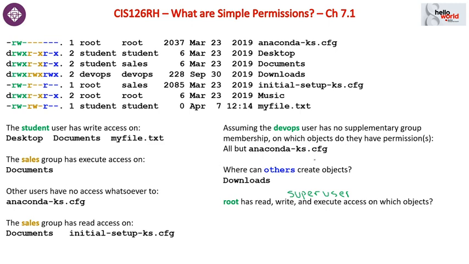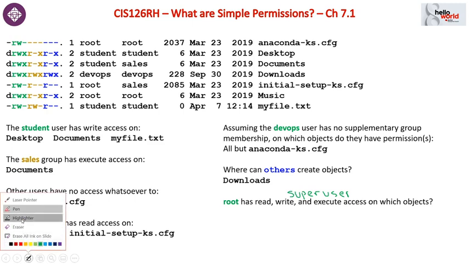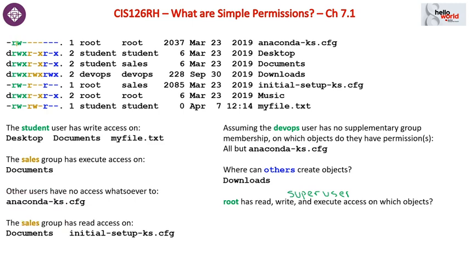But if you look at this, write permissions here, here, here, here, here, here, and here. Root has access to everything because root is the super user. So that's the way it works. As a matter of fact, even if the permissions were turned off, root still has permissions to everything.